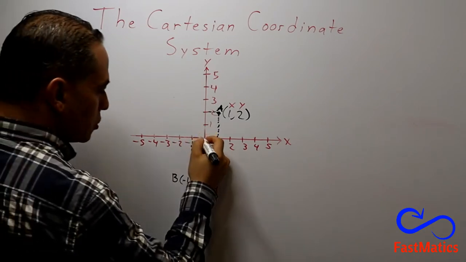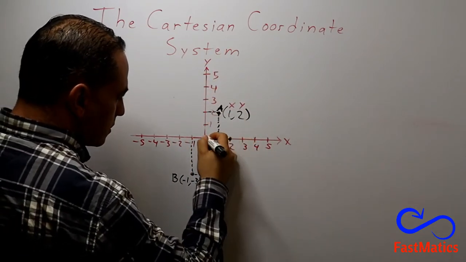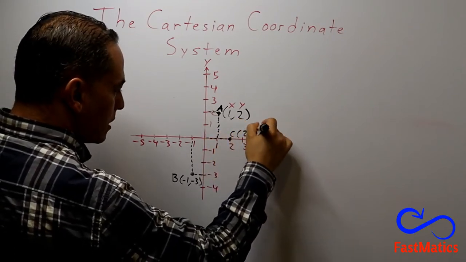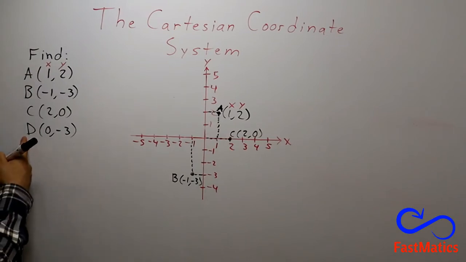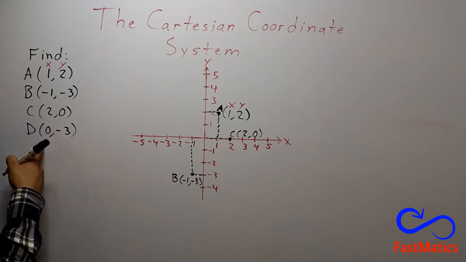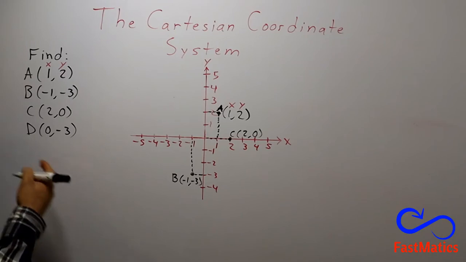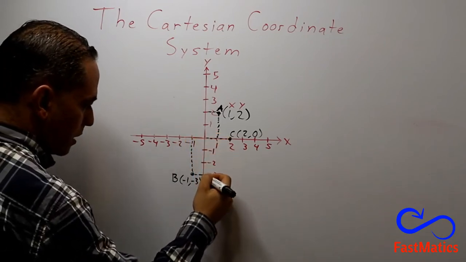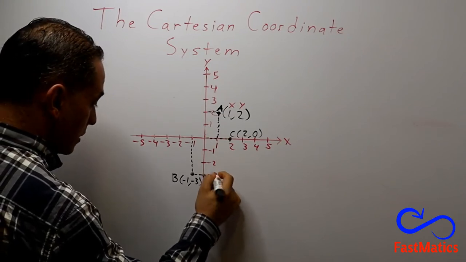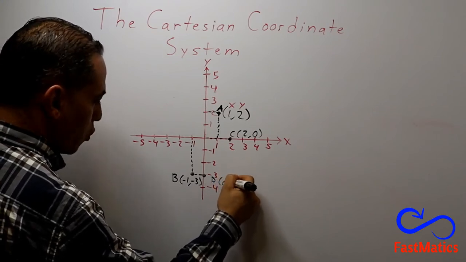So 2 units here and 0 in the y-axis. So here you have C: 2, 0. And here you are not going to move in the x-axis, but 3 units to the bottom in the y-axis. So 0, -3. Here it is point D: 0, -3.